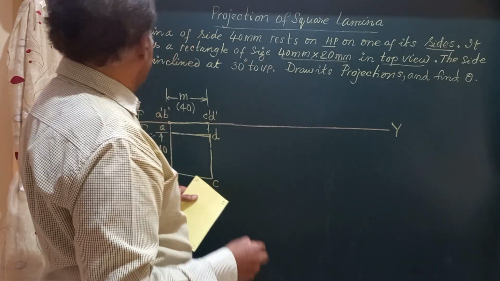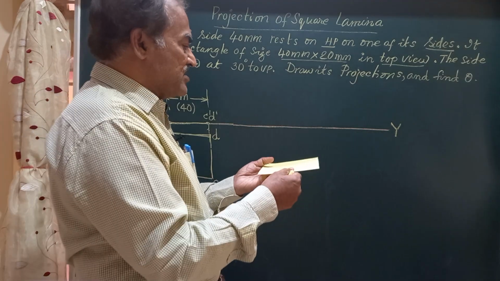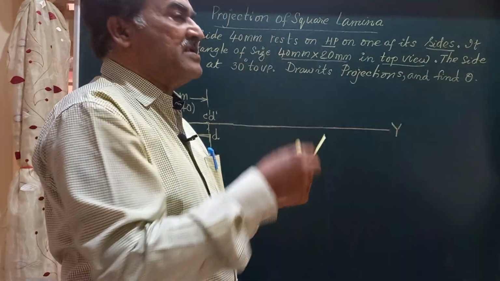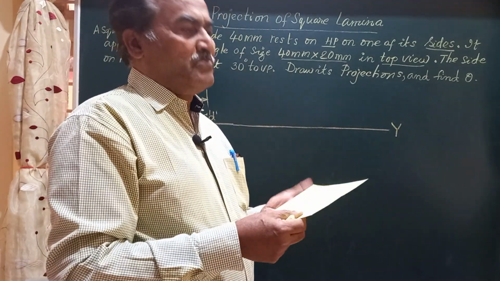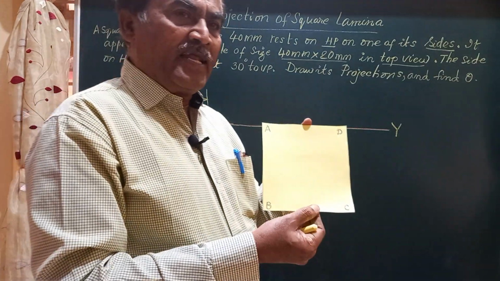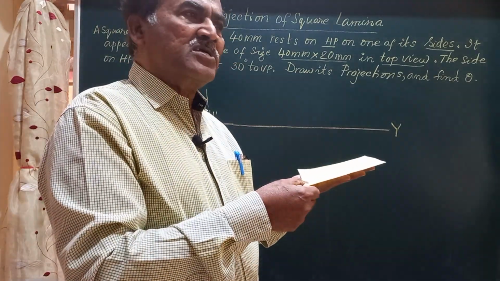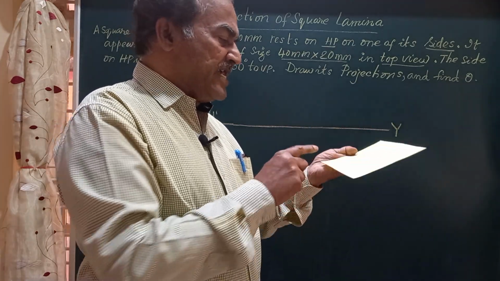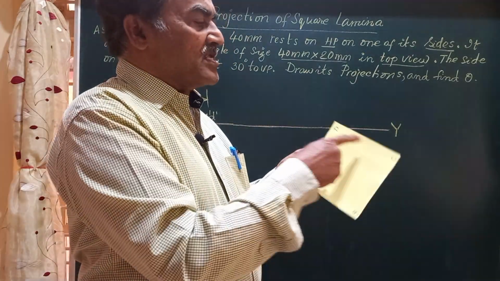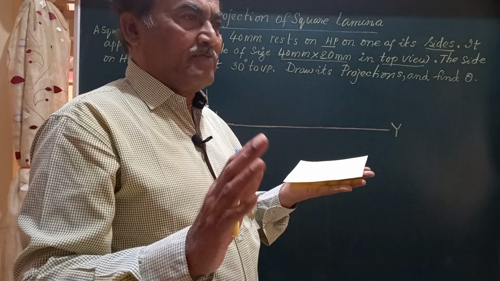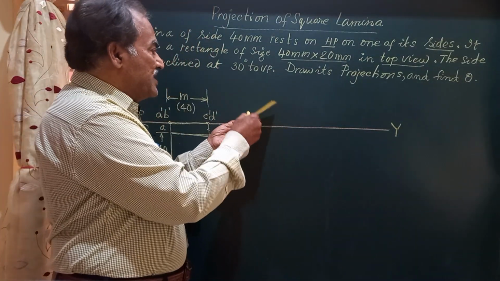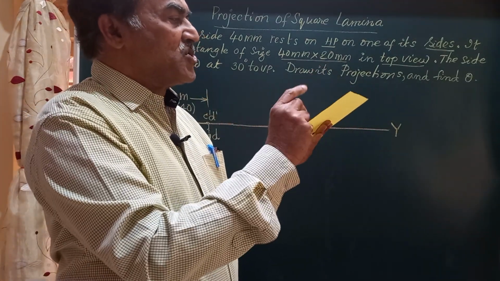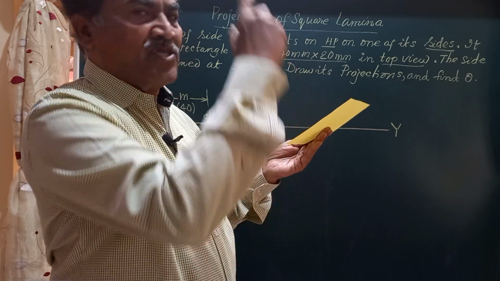But in the question it says, when it is lying on the side AB, it appears as a rectangle of 40 by 20 in the top view. Friends, remember, this square lamina, while resting on one of the edges, can become a rectangle, in which case the side which is perpendicular to VP and the side parallel to that will have the same dimension, whereas depending on the orientation the surface is making with the HP, you will get the shortened length in the top view.